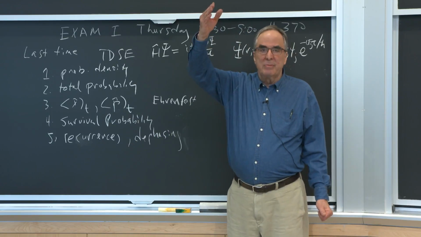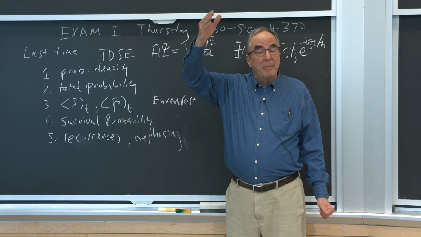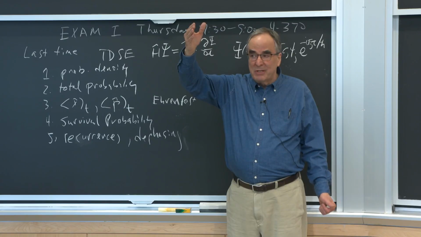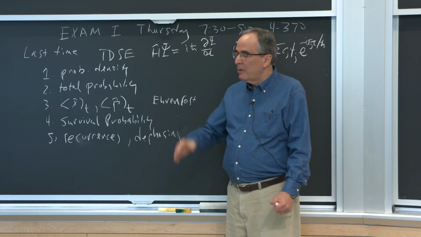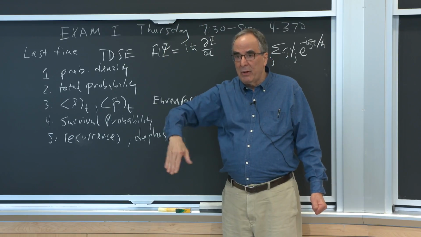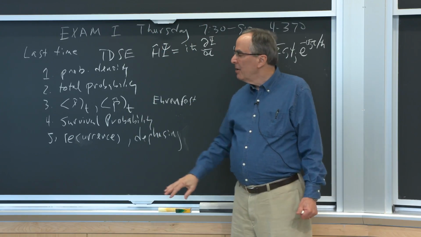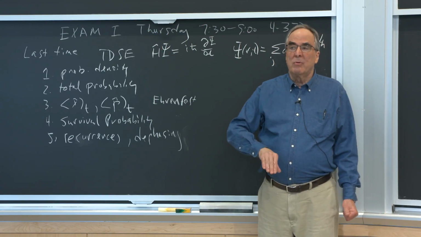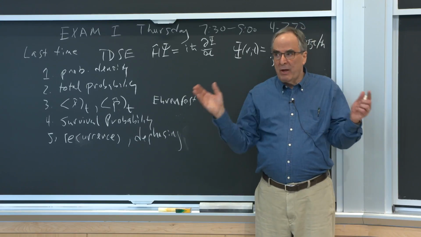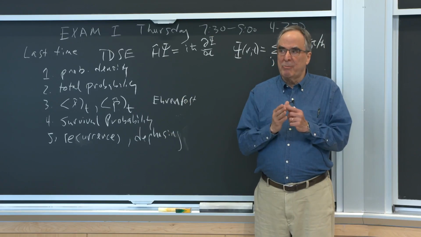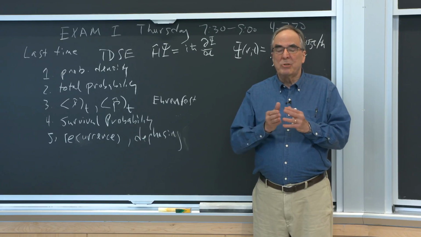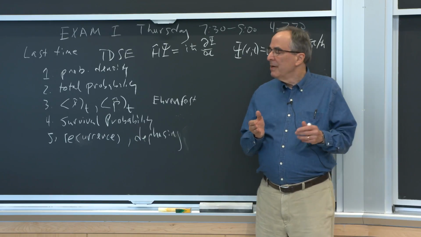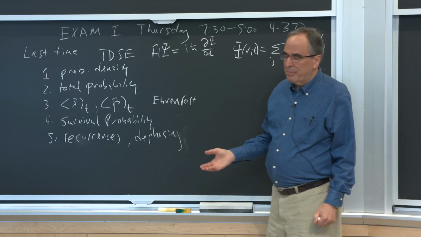At t equals 0 there is usually a maximum, because the wave function is at its birthplace. The survival probability will start high, go down, come up, and go down again, and there's all sorts of information about recurrences. As the wave function returns to its birthplace, it might not return completely, so we get partial recurrences, and these tell us something.